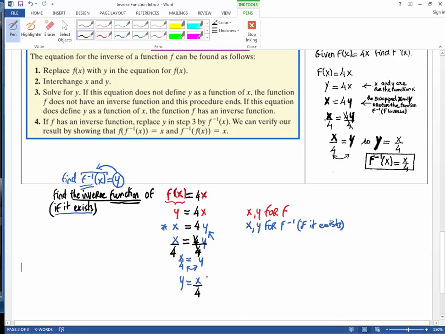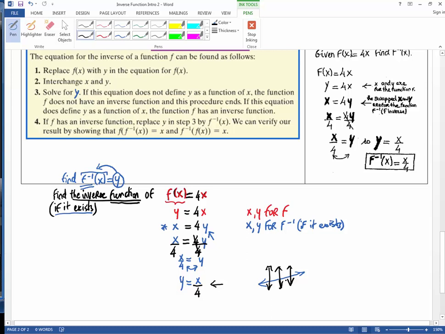And let's remember that we need to think at this stage, according to them, solve for blue y. And if this equation defines a function, we can call blue y f inverse of x. So if you were to graph y is equal to x over 4, you would get that line that we drew before, and this line passes the vertical line test.